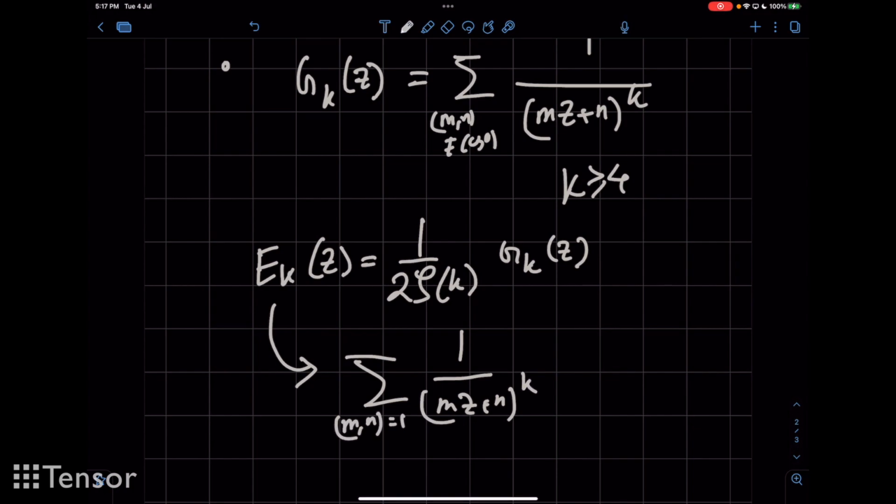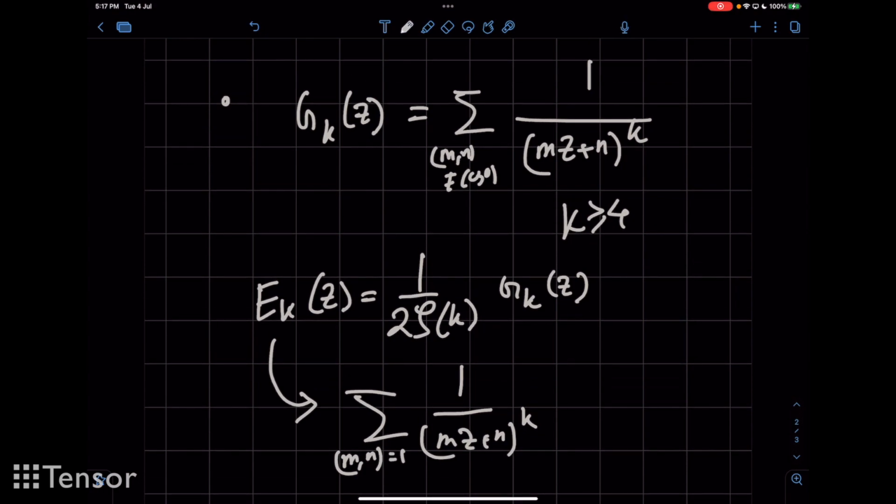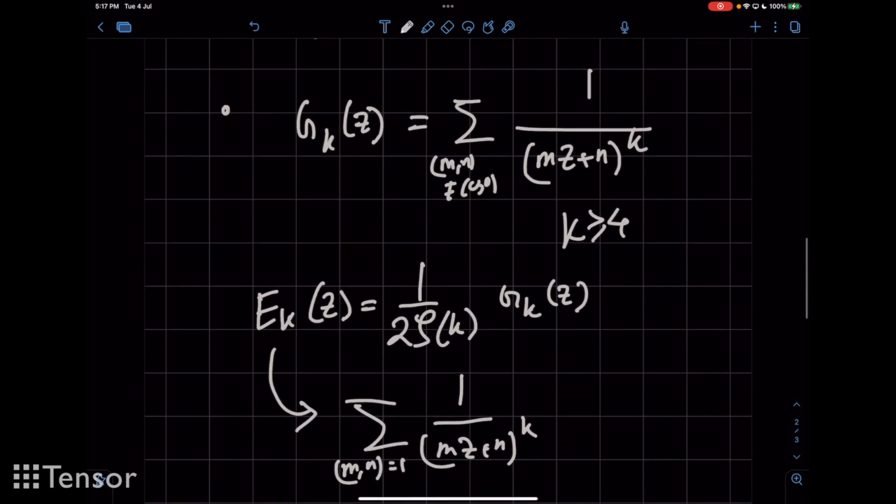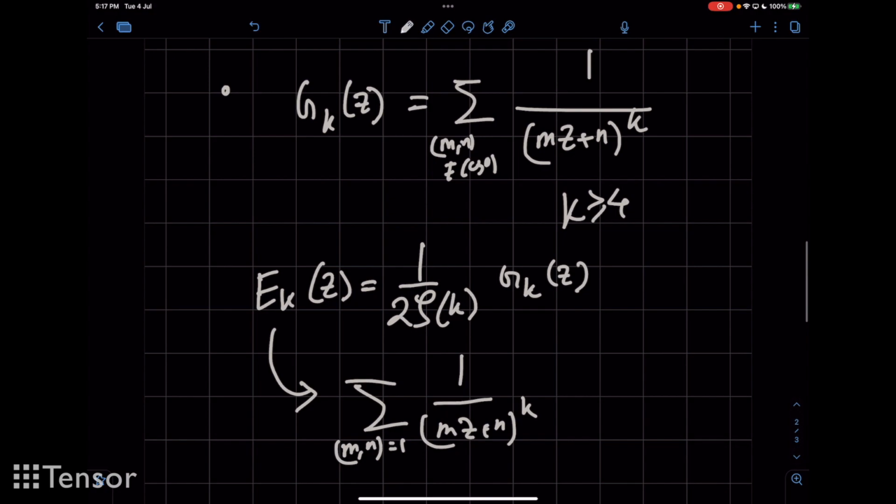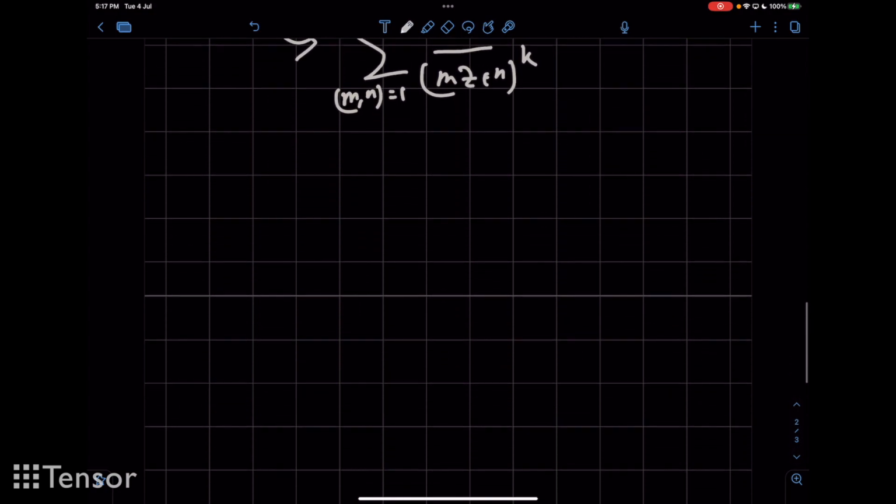So E sub k is called the normalized Eisenstein series, and today we'll see what this term normalized means. And G sub k is the unnormalized Eisenstein series. So the key topic for us today is the Q expansion.